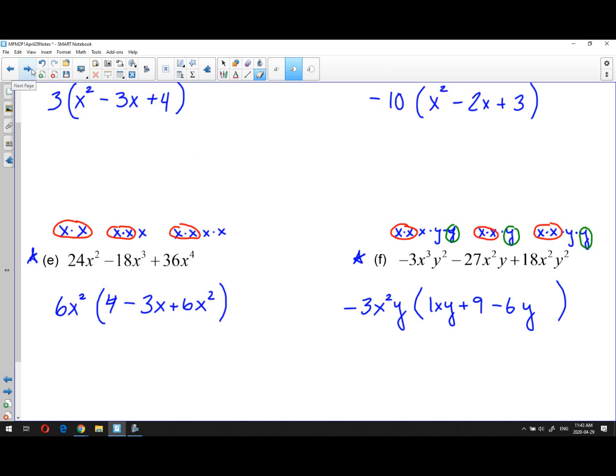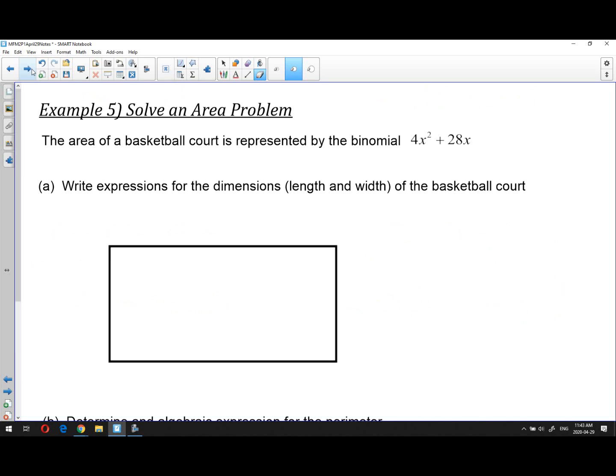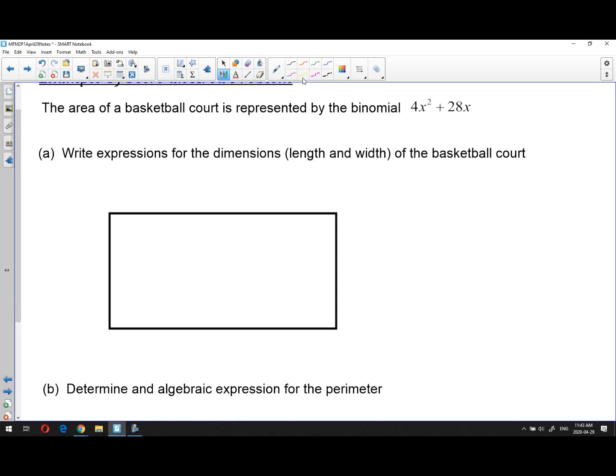The last thing that I want to show you today is an area problem. You see these kinds of things a lot, and in order to solve it, really what this involves is factoring. Just factoring. So let's try this one. It says the area of some basketball court is represented by this binomial, 4x squared plus 28x.